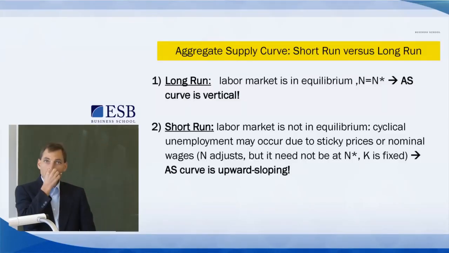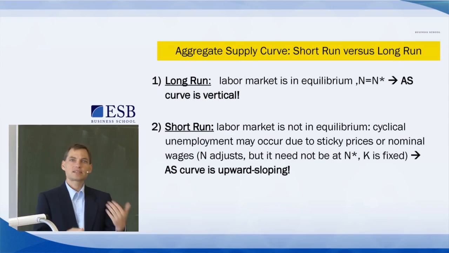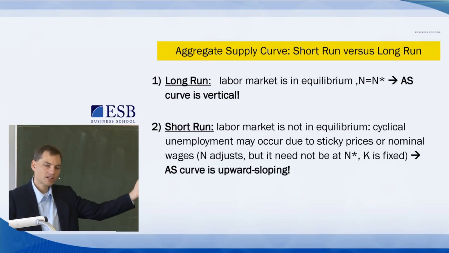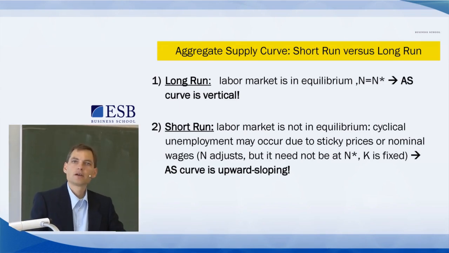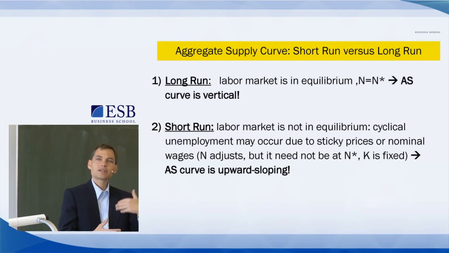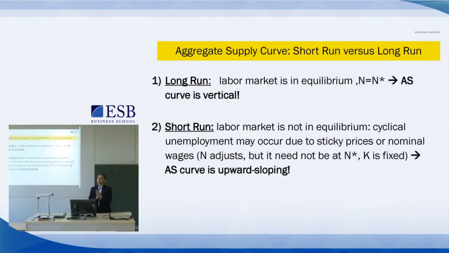But now we also introduce an aggregate supply. Well, in brief, the supply side is determined by the production function. We already talked about the production function in one of the previous lectures when we talked about the Solow model. And in general, here we distinguish between two supply curves, a long-run supply curve and a short-run supply curve. And interestingly, in both cases, the supply curve has a certain shape.